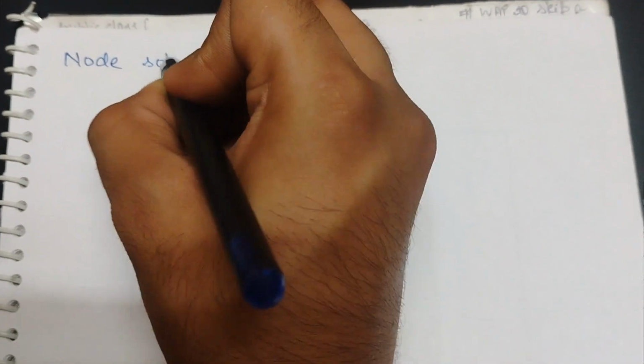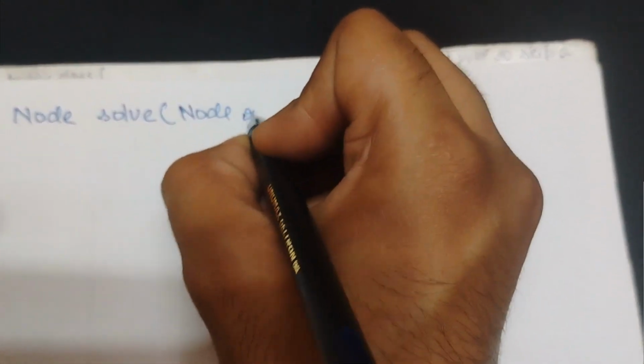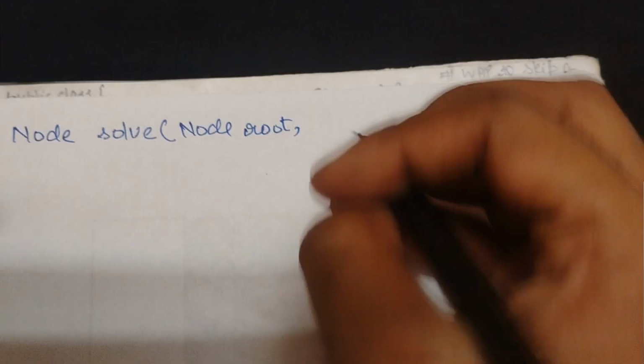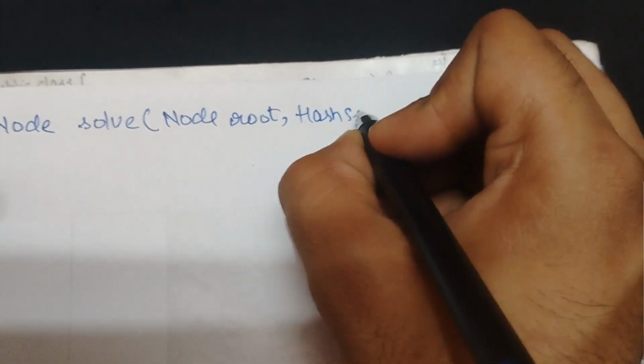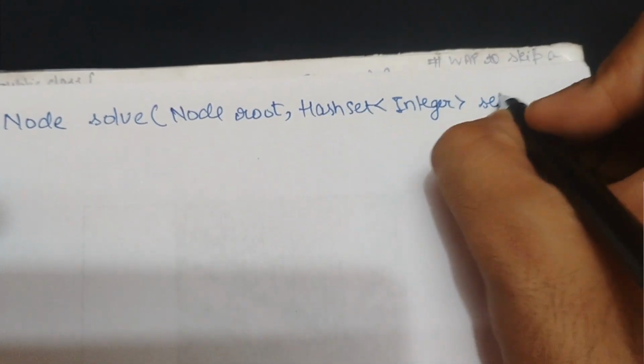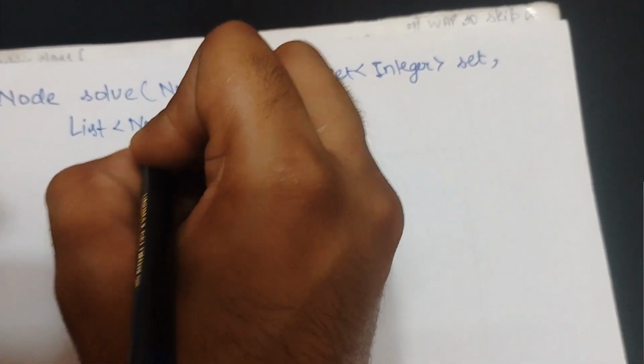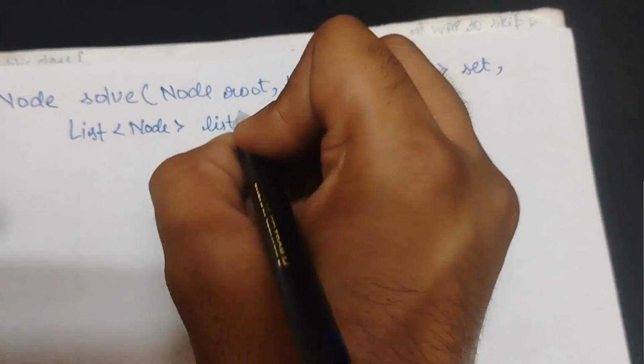The return type of this solve function would be node type. I'll tell why node type should be the return type. I'll write the name solve, and as I told in the main function, the parameters are node, then the set of integer, and then this list of node, which is the answer.